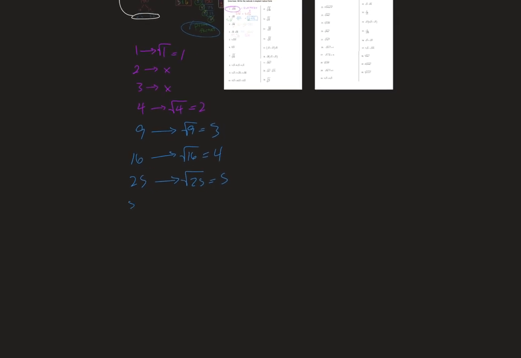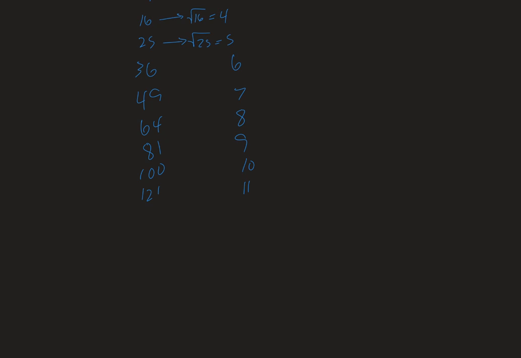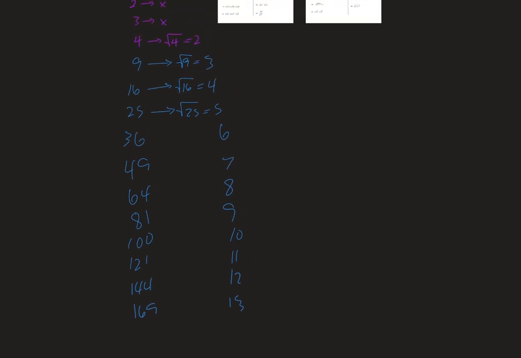Now I'm going to cut out some of the middle stuff. 36 is 6, 49 is 7, 64 is 8, 81 is 9, 100 is 10, and so on. Oops, accidentally muted myself. So 121 is 11, 144 is 12, 169 is 13. I'm going to stop there. You get the idea. These are perfect squares.